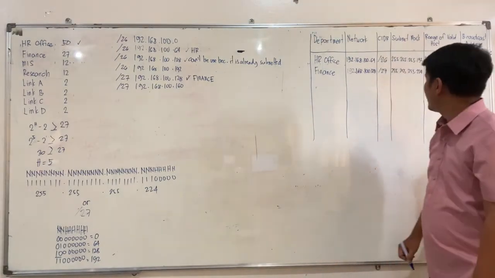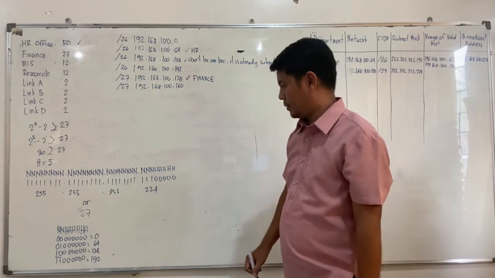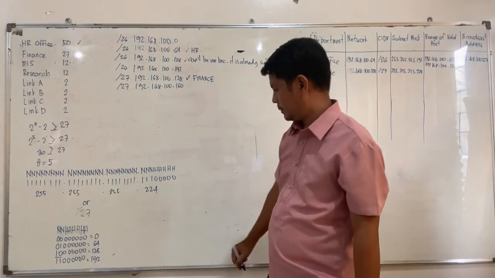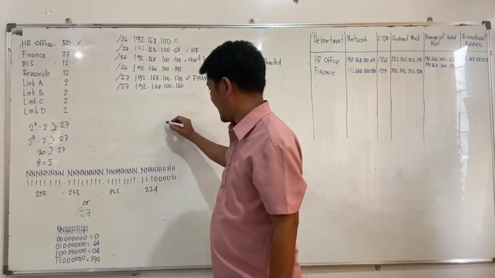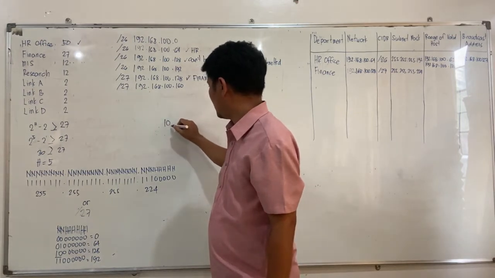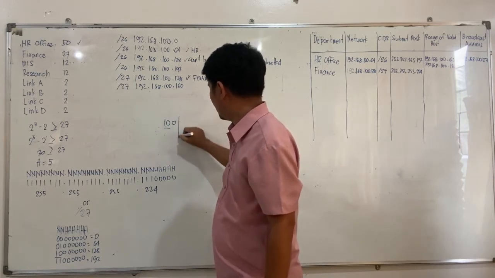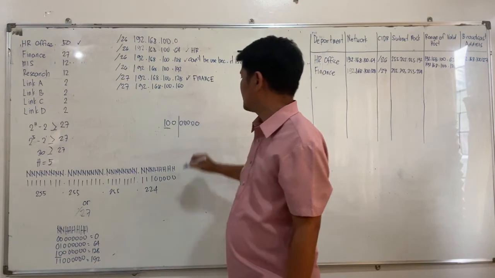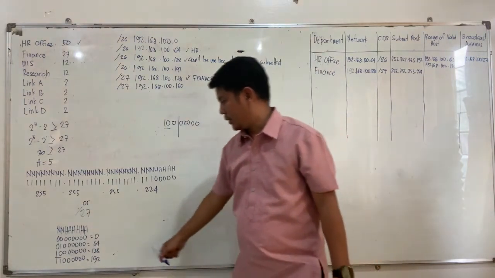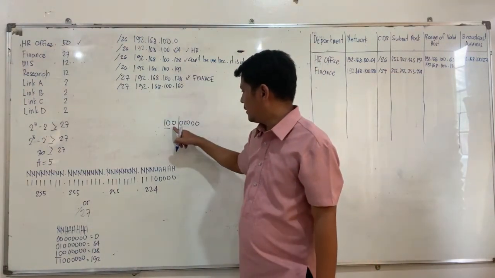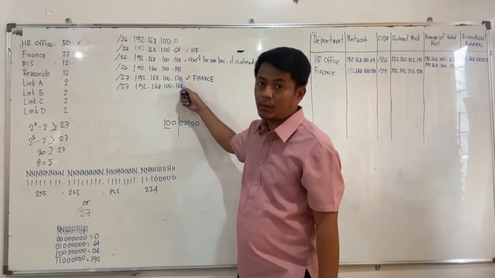Now, what is the range of valid hosts? Range of valid hosts. So, based from here, we have 1, 0, okay, 1, 2, 3, 4, 5. Okay, originally, 1, 0 came from .128. Okay, and the additional 0 for the networks is from this one, .128/27.